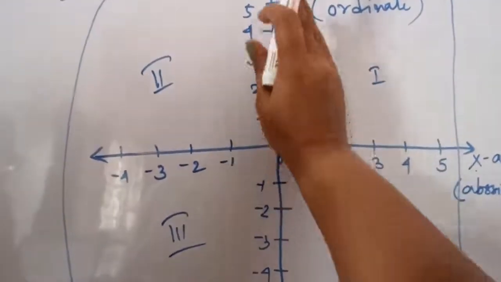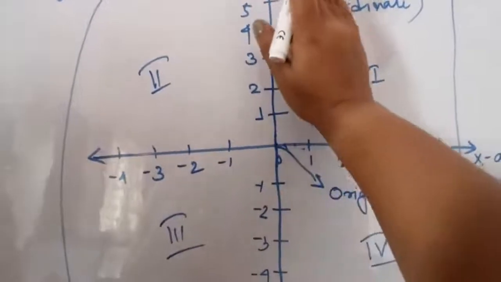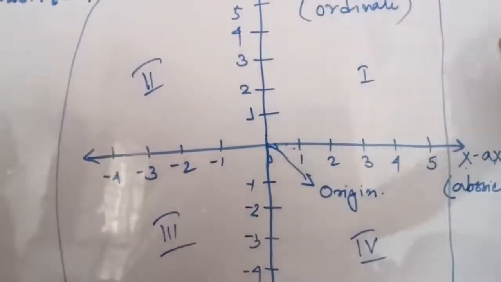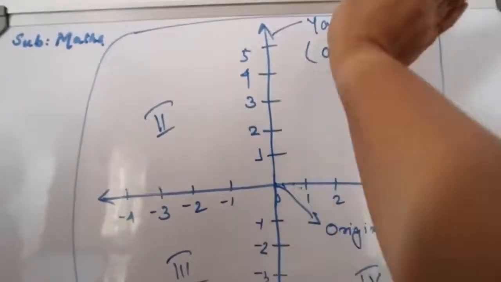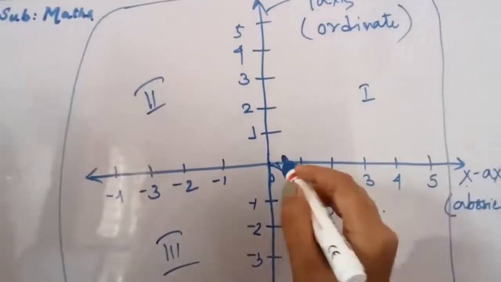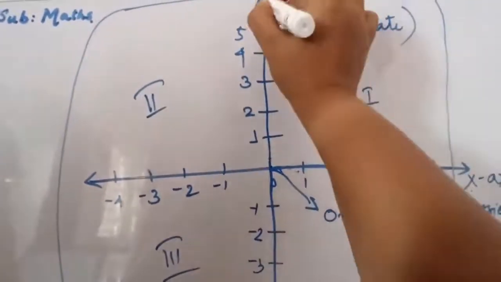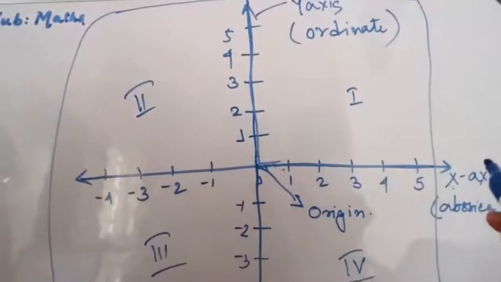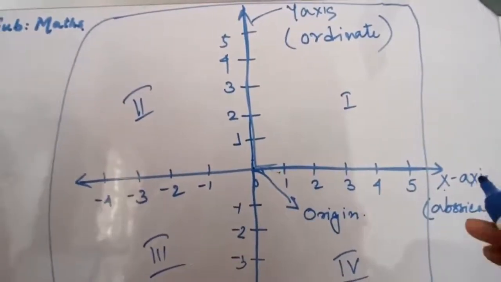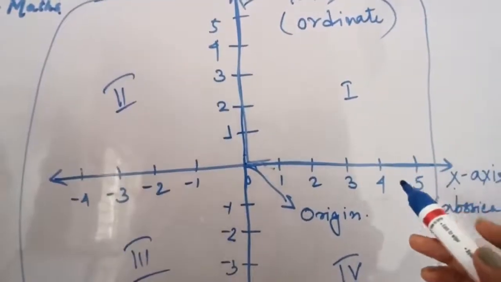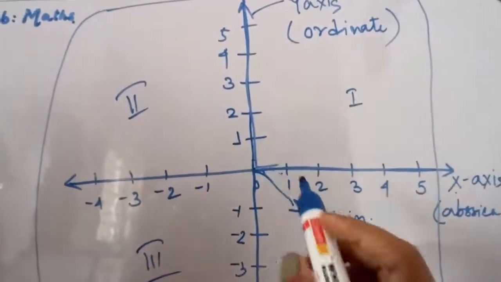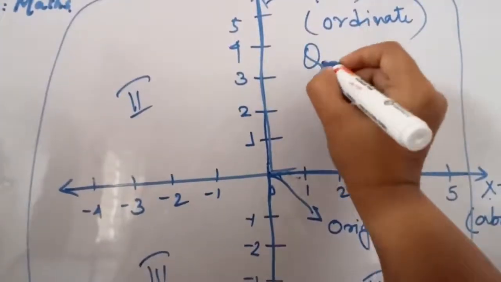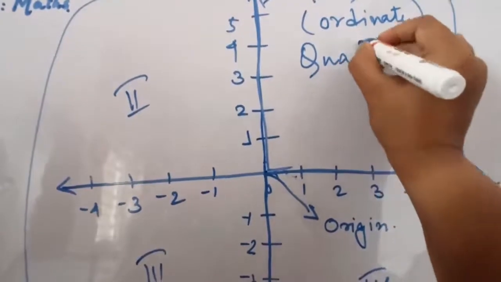When I talk about the numbers on this side, they will be positive, and the numbers on this side will be positive again. Within this block, all the numbers will be positive. So x will be positive, y will also be positive. So this is known as the first quadrant.